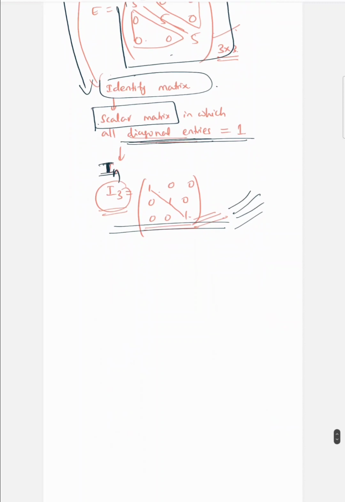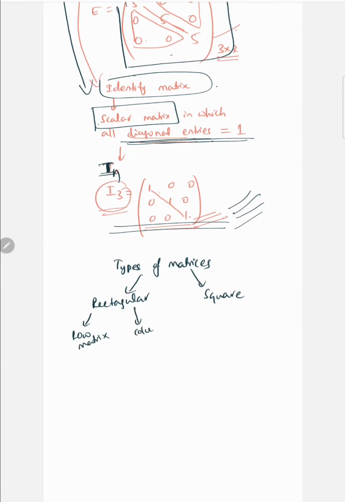We can write this in terms of a flow diagram. Types of matrices: rectangular and square. In case of rectangular, we have row matrix and column matrix. In case of square, we have diagonal matrix.